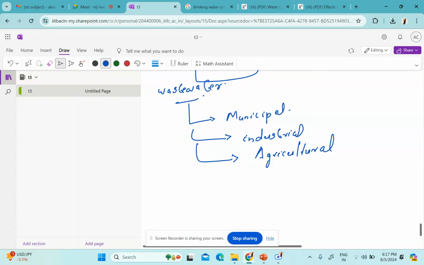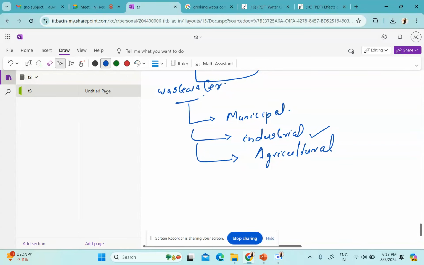So, which one will be the most polluted wastewater from these three? Can anyone tell which is the most polluted wastewater? Yes, that is right. The industrial one is the most polluted type of wastewater.